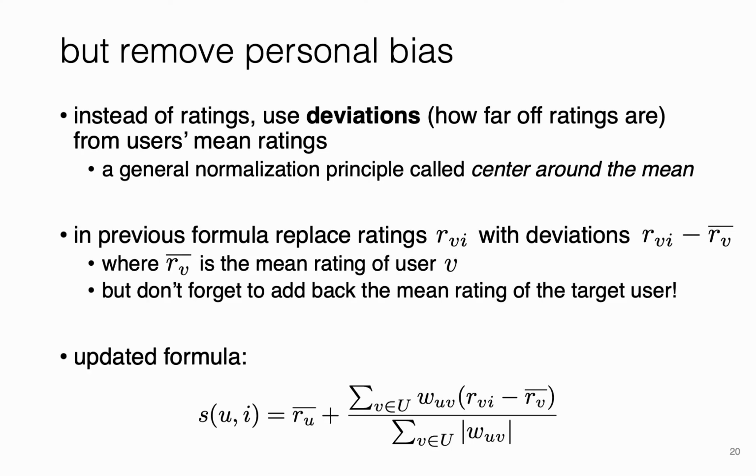For the prediction formulas, we just need to replace the ratings with rating deviations. This way, we are predicting the deviation for the target user. We still need to add back the mean rating of the target user in order to recover their predicted rating. The updated formula is shown here.